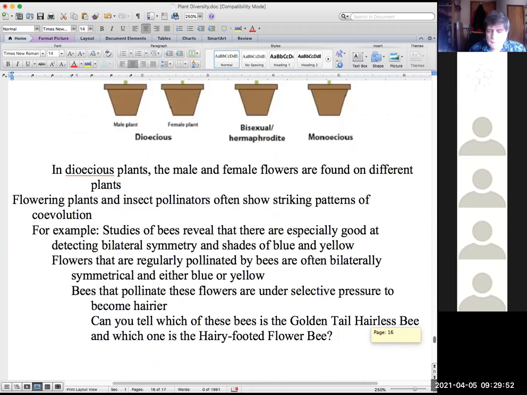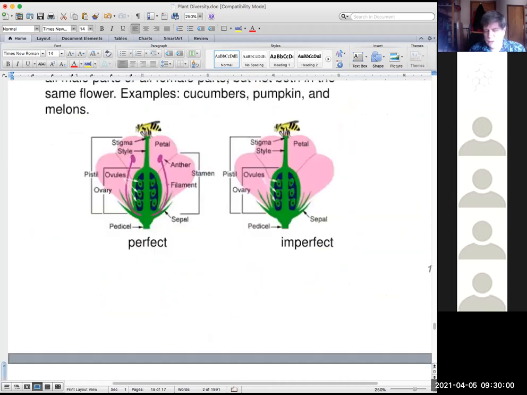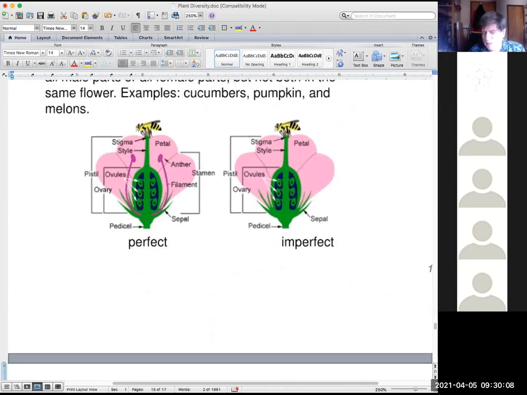Now, when we look at flowers and the insects that pollinate them, we see a lot of coevolution. Remember when we were talking about here, and we said, why is the stigma up at the top? So an insect crawling into the flower will drop off some pollen. Why do the anthers stick up?